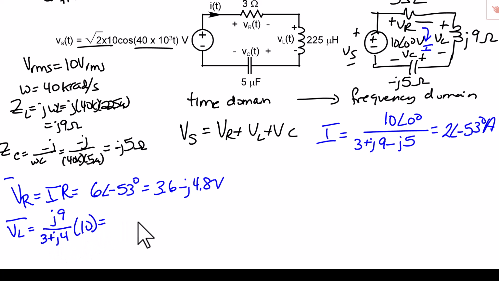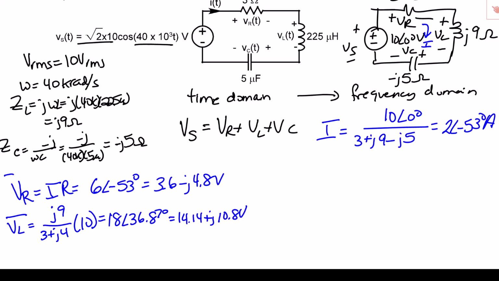Or, using the voltage divider, you can also find it by doing j9 over 3 plus j4 times 10, which yields 18 with an angle of 36.87 degrees in polar form, or in rectangular form, 14.14 plus j10.8 volts.